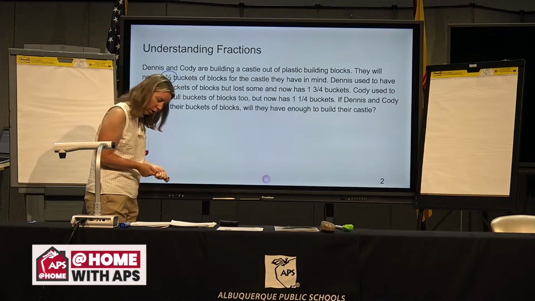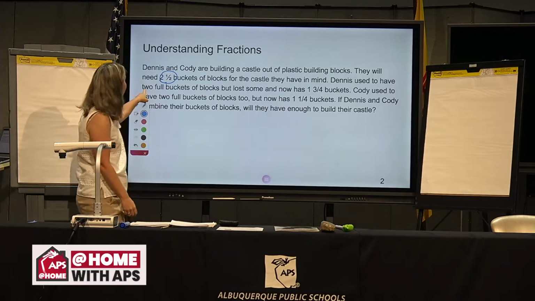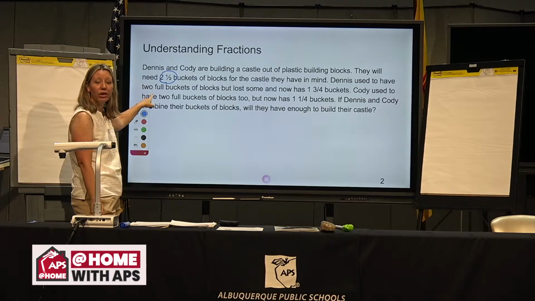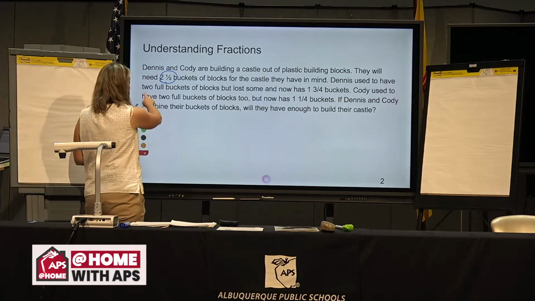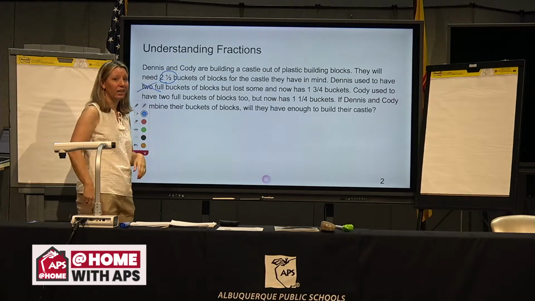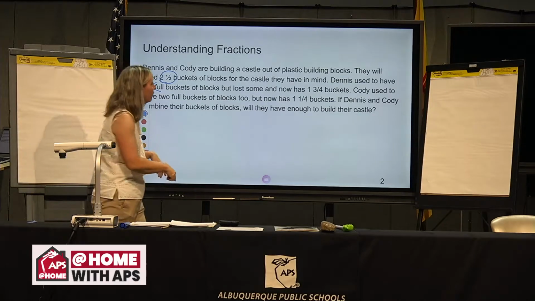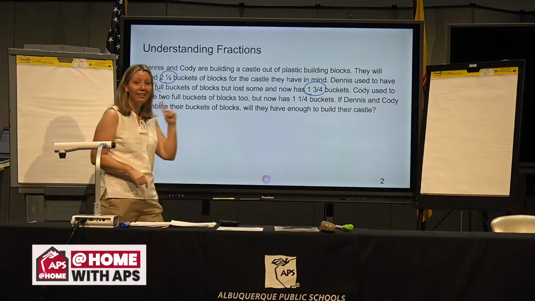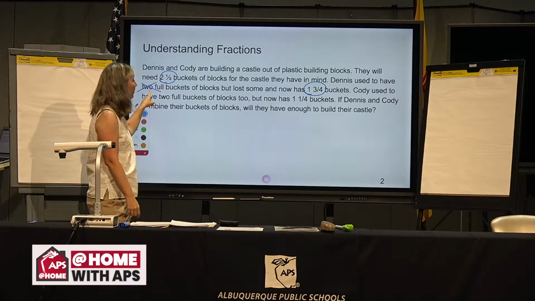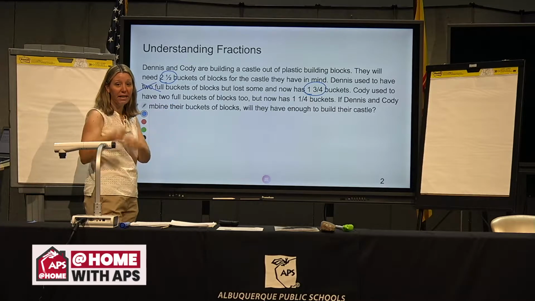Yep. This is just extra information we don't need right now. It's nice to know what he used to have, but do we really need it? No. So we know he has 1 3/4, so we know we need that information. This was just misleading information to mess you up.